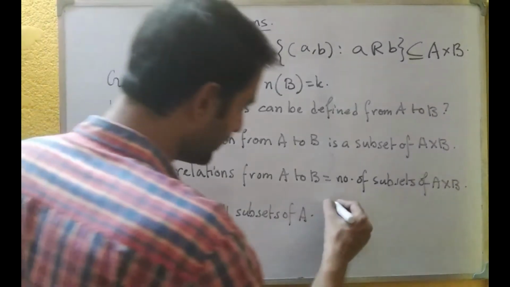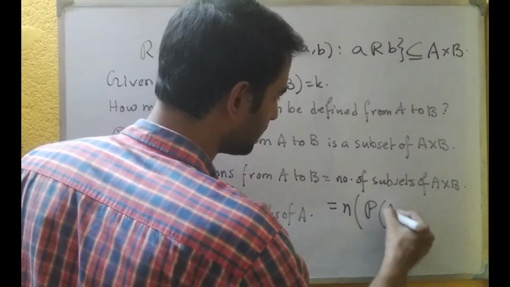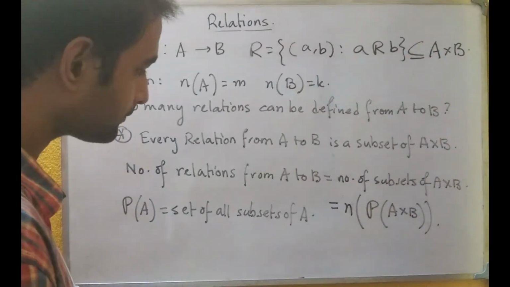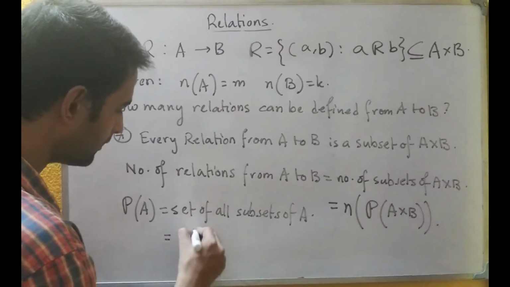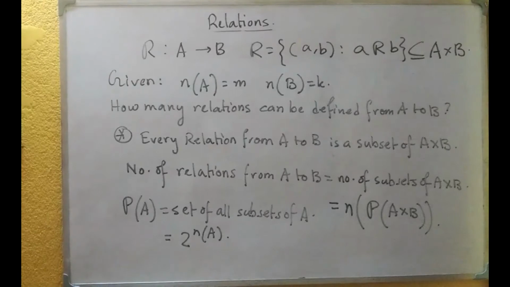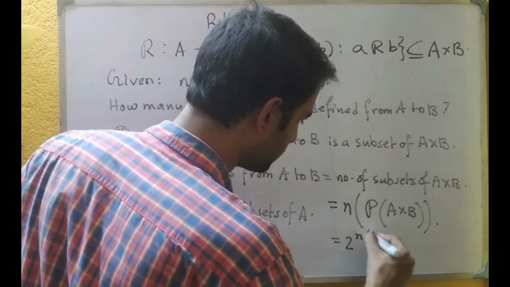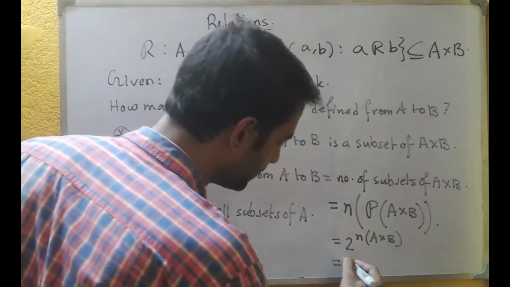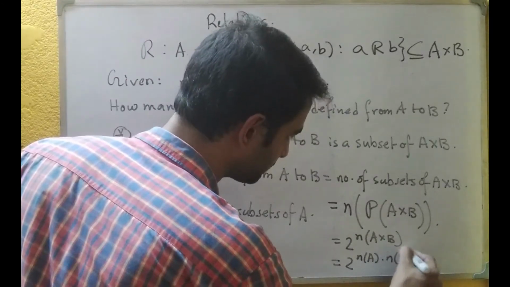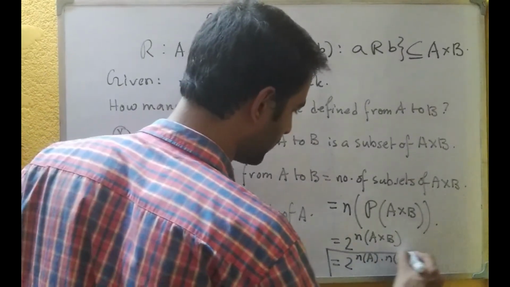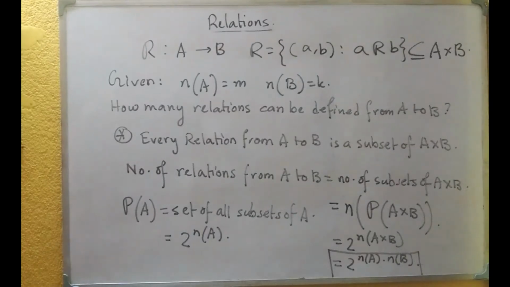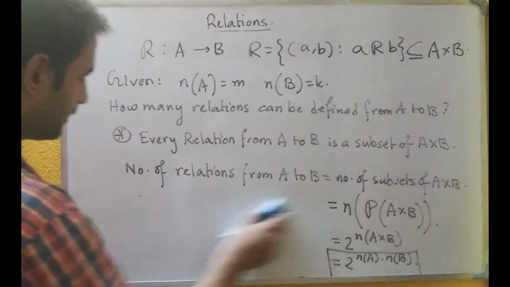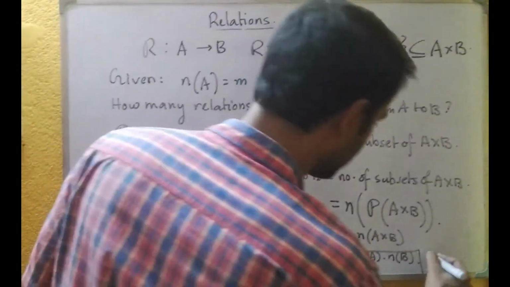So basically what we have to do here is to find the number of elements in the power set of A cross B, as we are finding all the subsets of A cross B. And we know that it has a formula as 2 to the power n of A. So here it should be 2 to the power n of A cross B. And in the previous video of Cartesian product, we have seen that the formula for n of A cross B is n of A into n of B. So this is the general formula, that is 2 to the power n of A into n of B. So if n of A is m and n of B is k, then we can write it as 2 to the power mk.